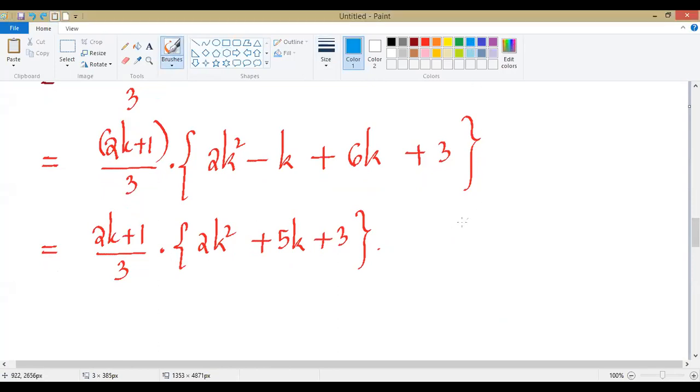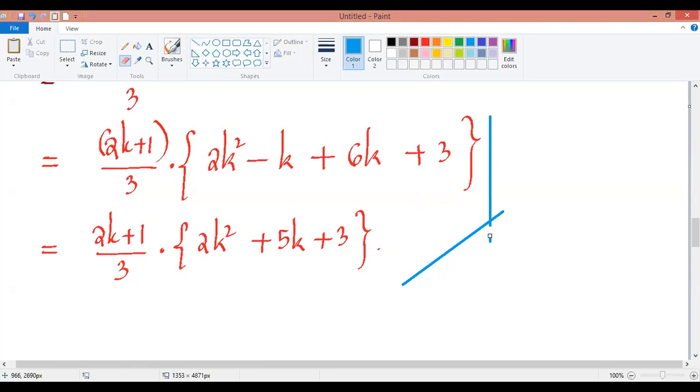Yes, we have 2 and 3. So the person who was saying it's not factorizable, hope that is sorted. We can use 2 and 3 there.